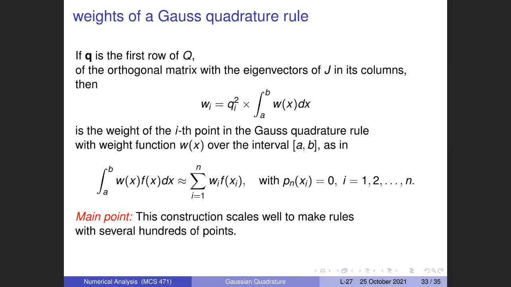That's the second part of the theorem. This is the general procedure that must be followed to construct quadrature rules where you have several hundred points.